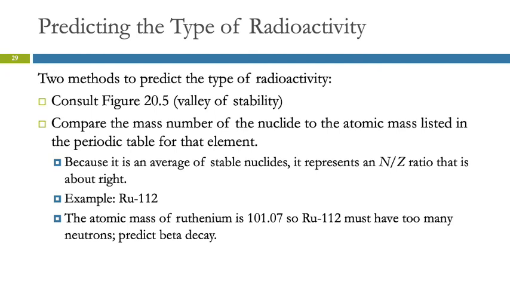So if we look at ruthenium, there it is, number 44. So ruthenium's element 44, ruthenium-112. Let's see here.